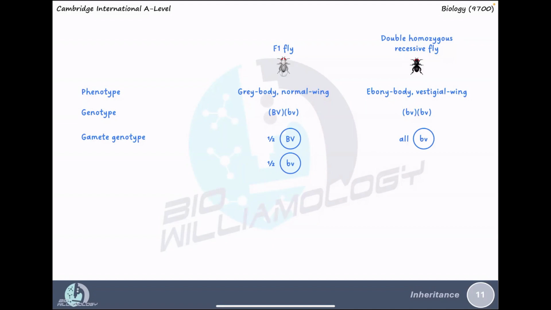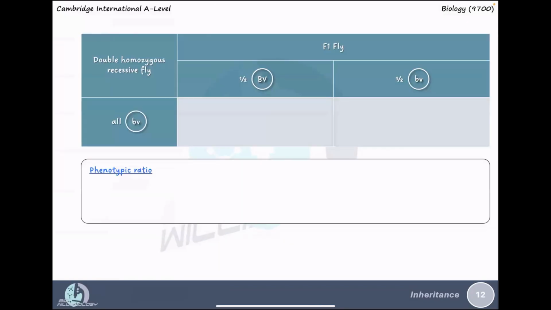So how about the double homozygous recessive flies? Because these flies have recessive b and recessive v, all the gamete genotypes will be recessive b, recessive v only.